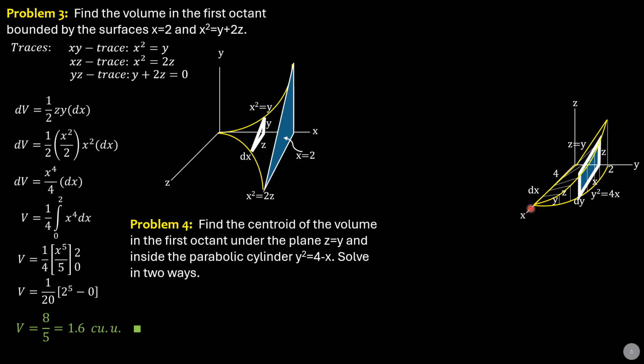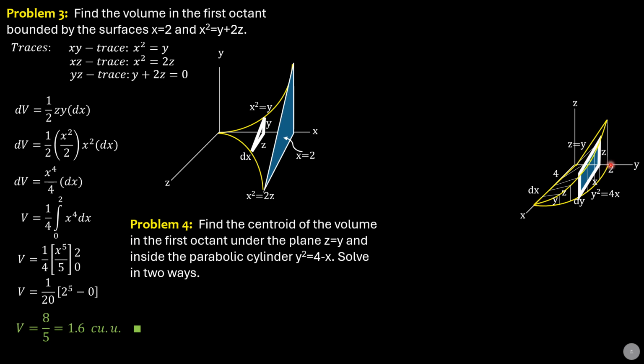So it is open towards the negative x direction. When y is 0, x is 4. So that's why this is (4, 0), x is 4, y is 0, z is 0 also.